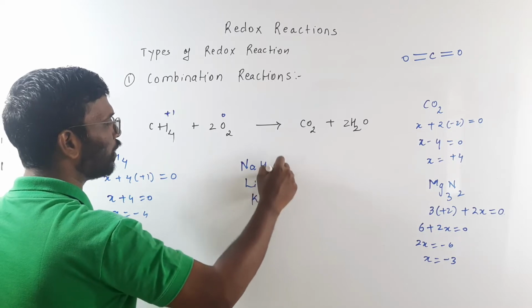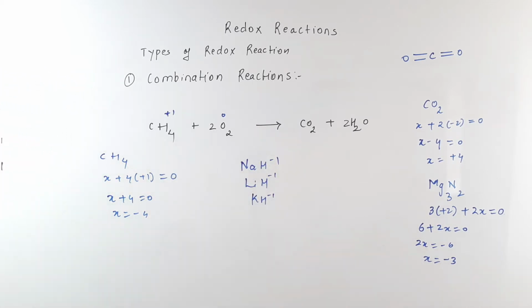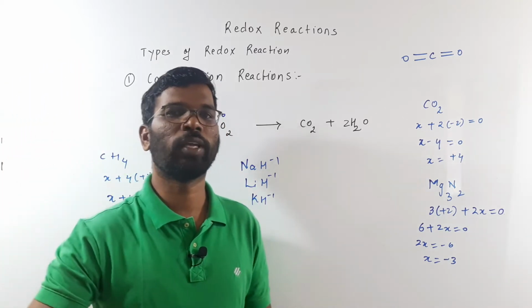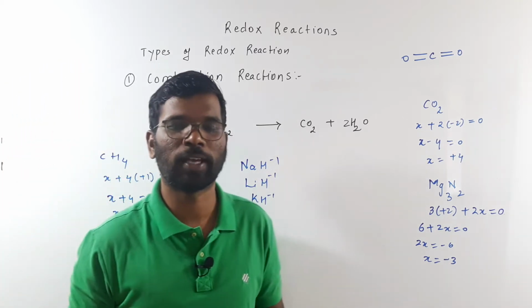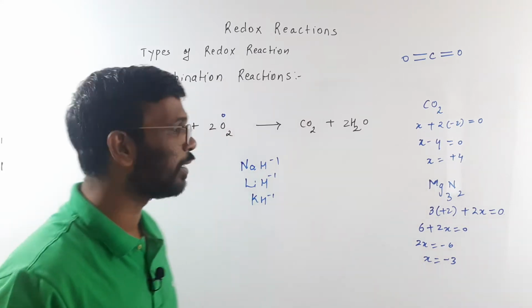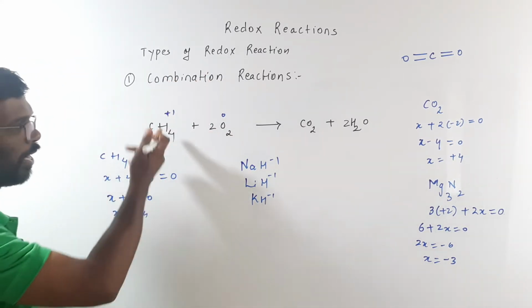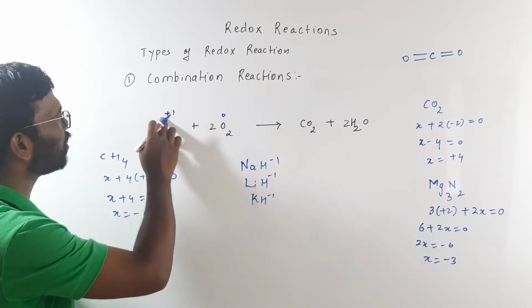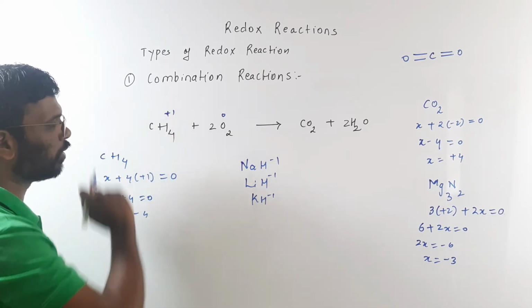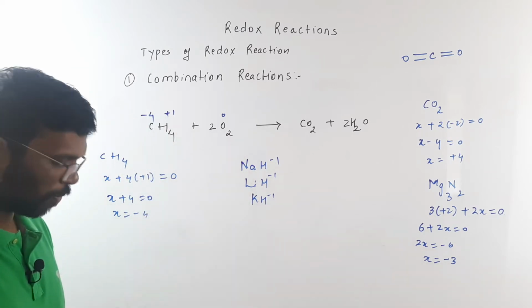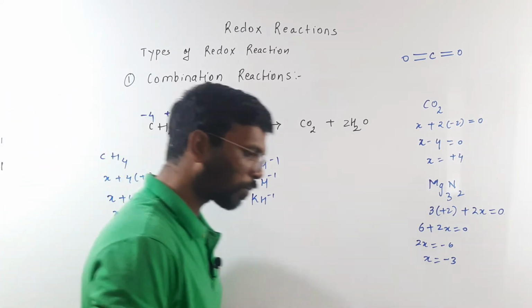Here hydrogen is in the -1 oxidation state. These are the exceptions when it combines with a group 1 element like lithium, sodium, potassium, rubidium, cesium, francium. There it is in the -1 oxidation state. So this is not a group 1 element, it is some other element, so that's why I'm sure that this is +1. So if this is +1, carbon is -4.